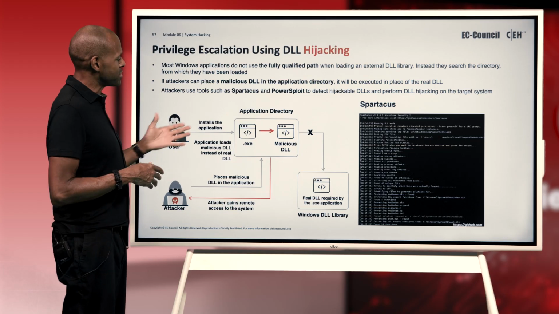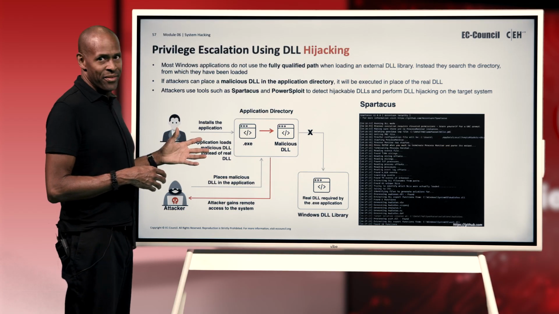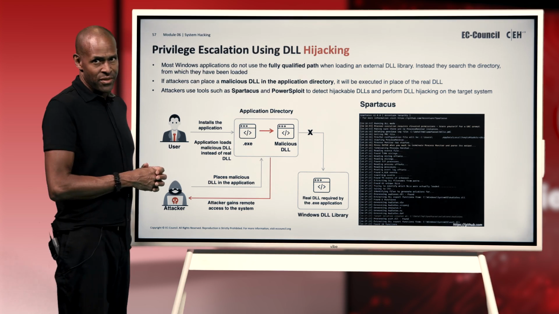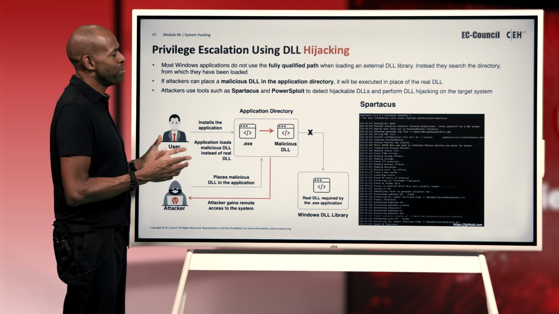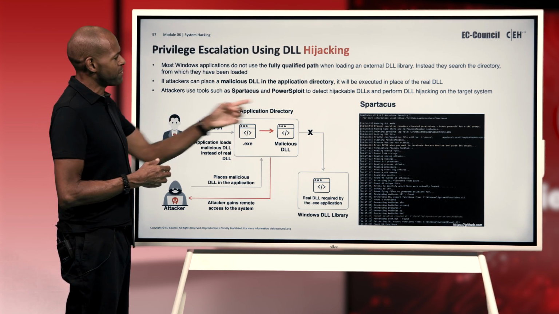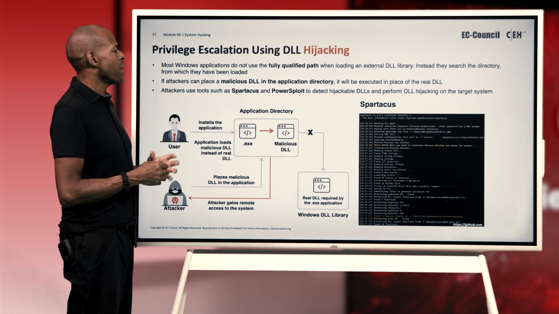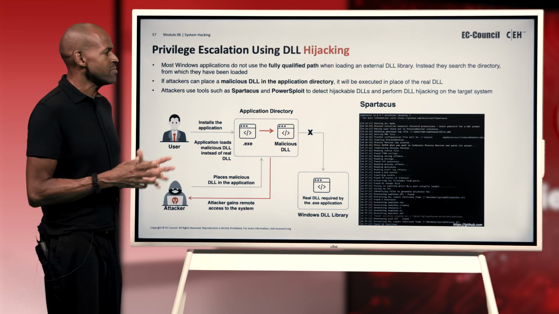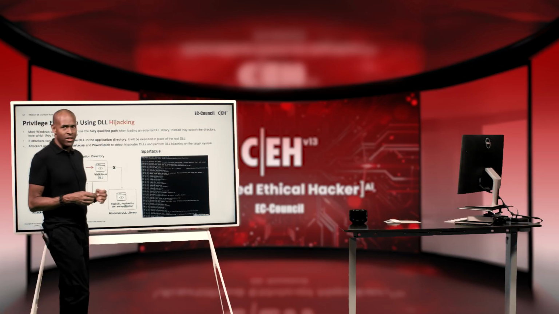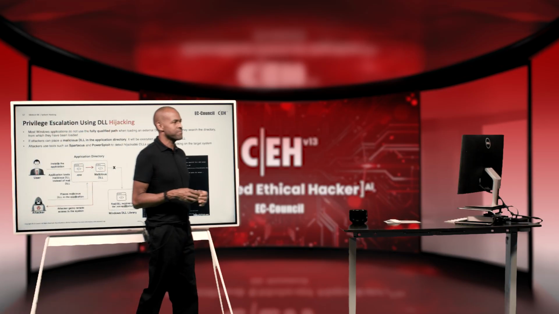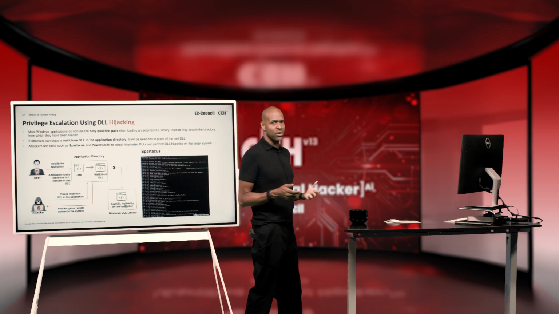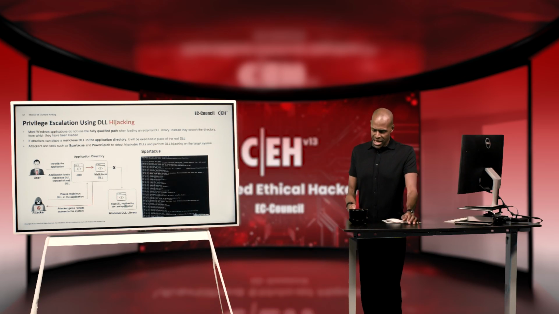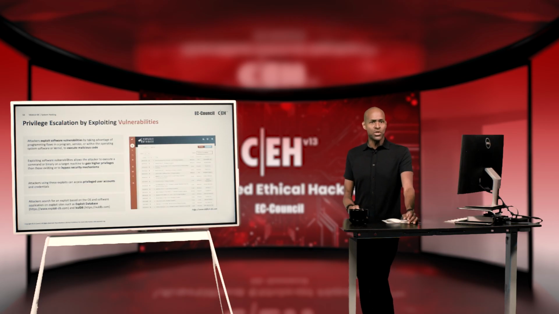For example, the user installs an application, but the application installs with the DLLs that the attacker already put in that library. Something like Spartacus or PowerSploit can be used by an attacker to use a DLL to hijack the system. Right, so that's one of the things we can do. But there are quite a lot of other techniques to gain privilege escalation.